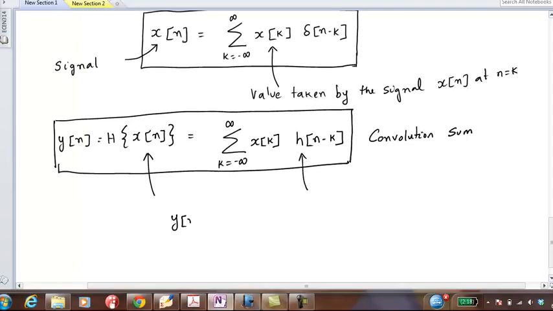So we write this as y of n is the convolution. Usually we use an asterisk to represent convolution. But it's very important to pay attention to the formula. The formula says it's x of k times h of n minus k.